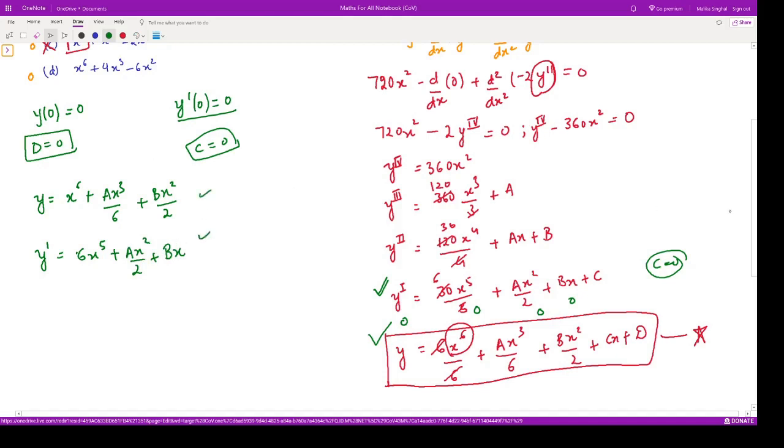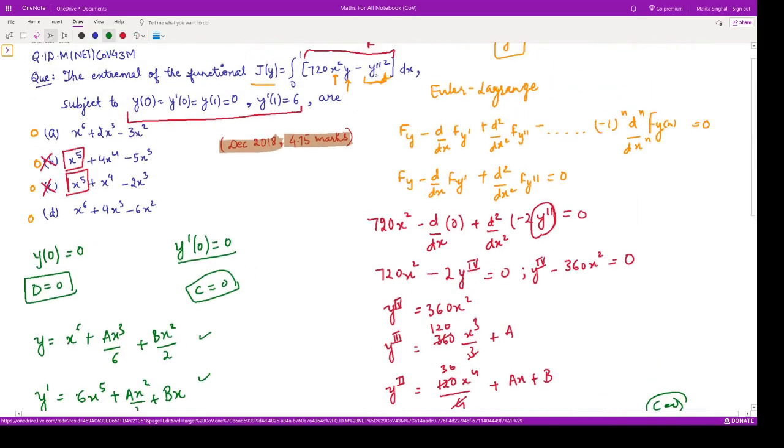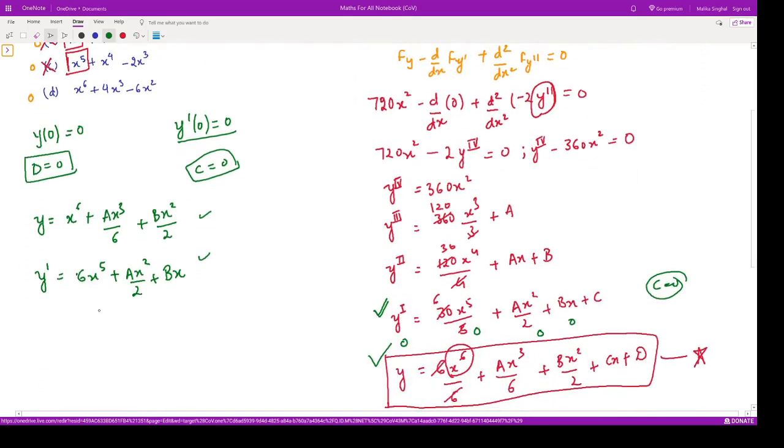Now, in this case we have 4 boundary conditions, because the maximum derivative here is of order 2. So let us use these conditions: y at 1 is 0 and y dash at 1 is equal to 6. Let us apply these. The condition y at 1 is 0, so let us substitute this here. We would have 0 equal to 1 plus a/6 plus b/2.